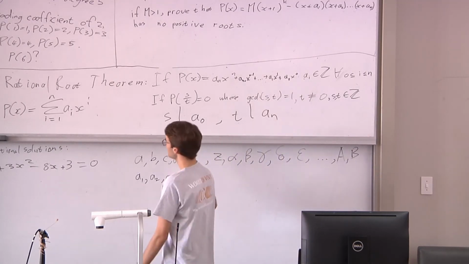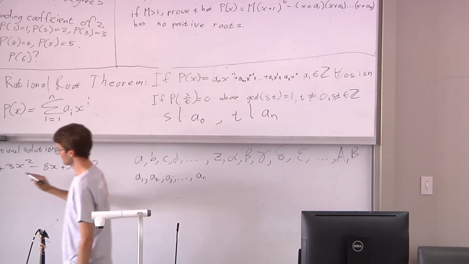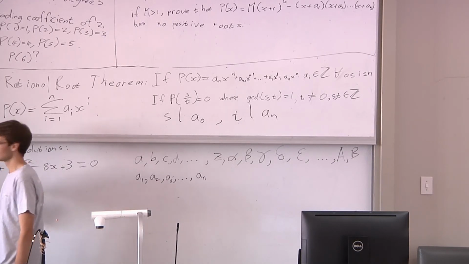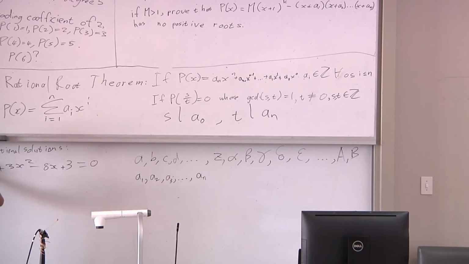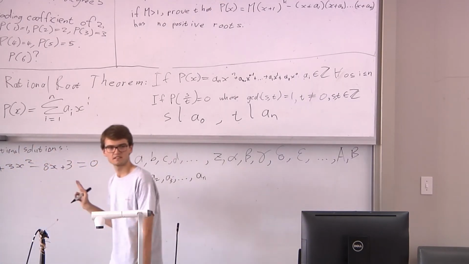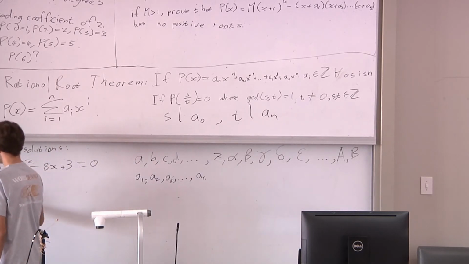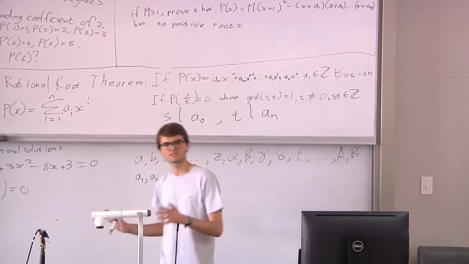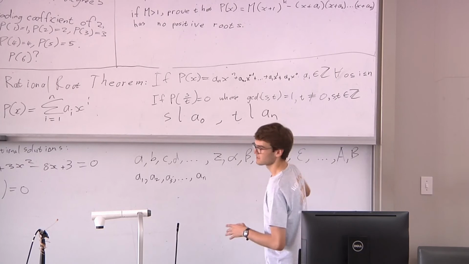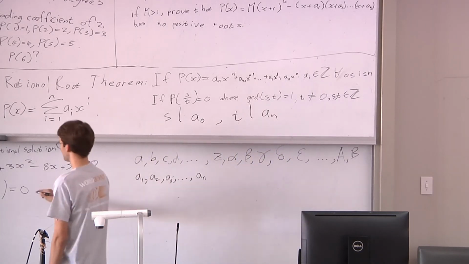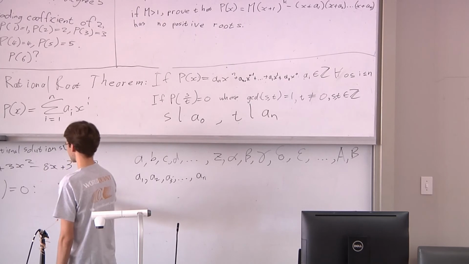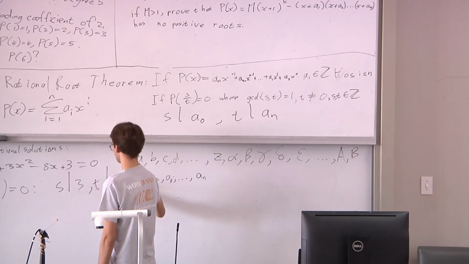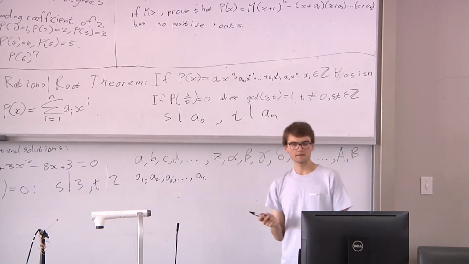Okay, so what that says is that, let's call this, pick a letter, Q. So if Q of x is that, and you want Q of S over T equal to 0, where S and T are two integers that don't share any factors, and T does not equal 0, then the rational root theorem says that S divides 3 and T divides 2. Okay?